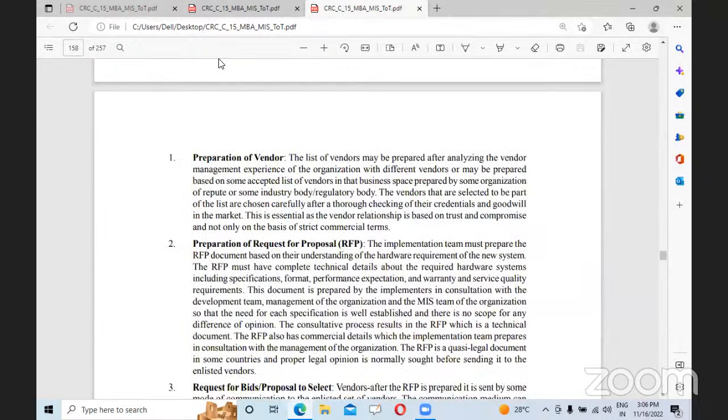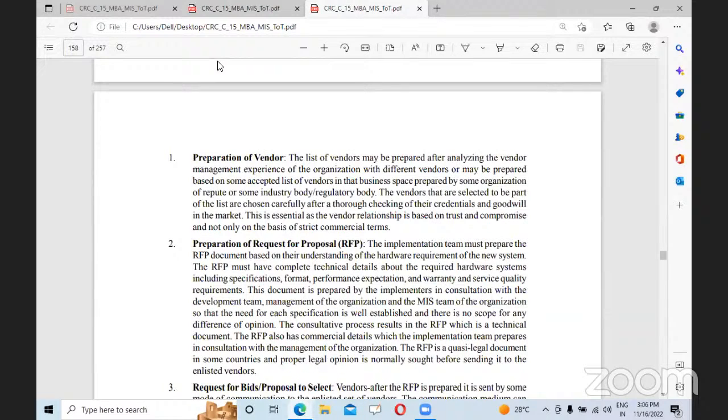Preparation of vendor list. The list of vendors may be prepared after analyzing the organization's experience with the different vendors, or may be based on some accepted list of vendors in their business space prepared by an organization of repute such as an industry regulatory body.